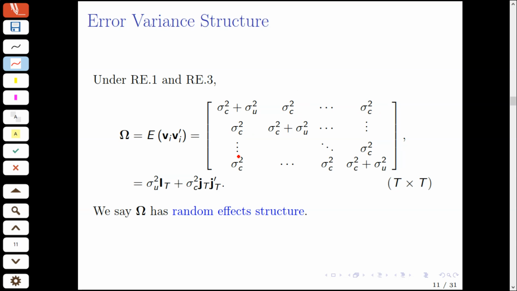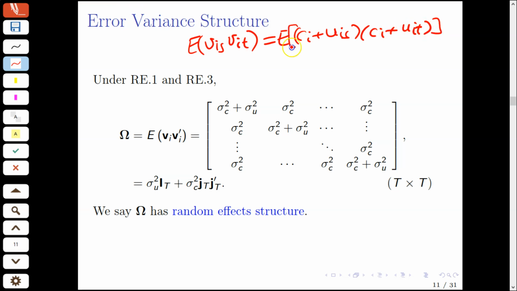One may see this by looking at the expectation of the product of composite errors, which, writing out, would be the expectation of this product.